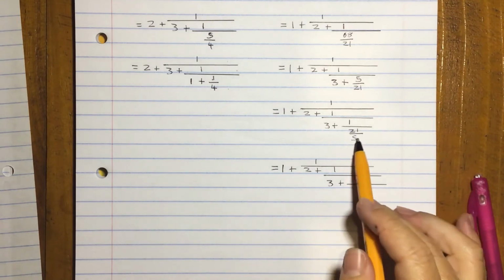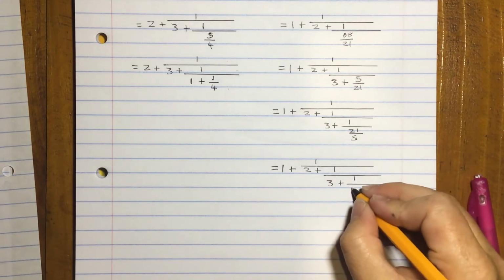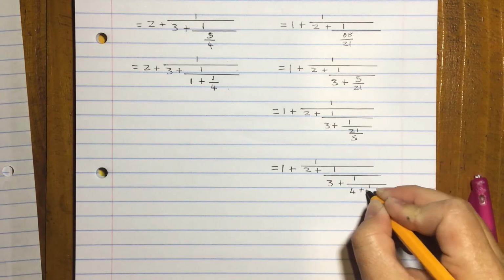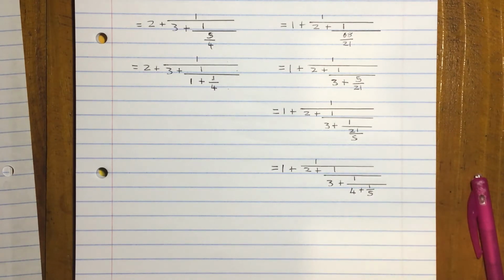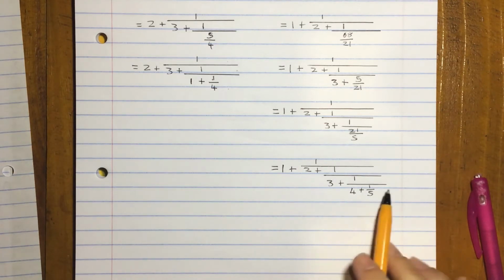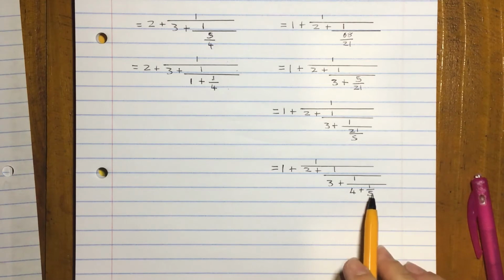And you put 21 over 5 into your calculator, and your mixed number should be 4 and 1/5. Can we continue this continued fraction any further? Hopefully your answer was no, because if we flip over 1 over 5, it will give us 5 over 1, which will just simply bring us back to 1 over 5. And so this is the end of this continued fraction.